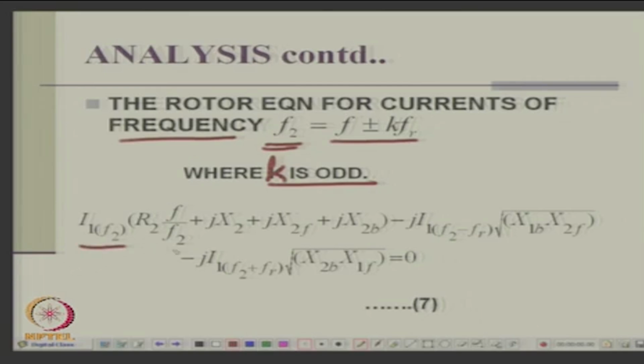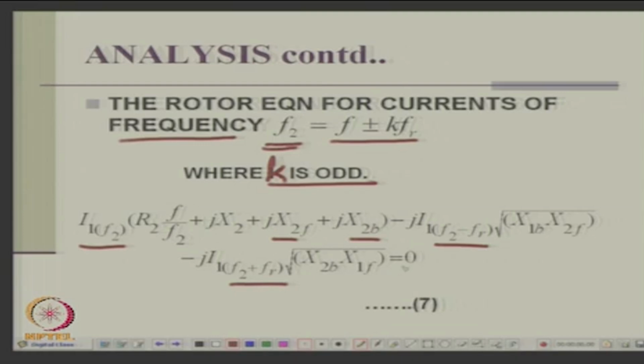F2 R2 by f by F2, then X2f X2b, then to induce a frequency F2 in the rotor, there is a stator frequency, one is F2 minus Fr, another is F2 plus Fr. Well, there are again two frequency currents which will induce this frequency F2.